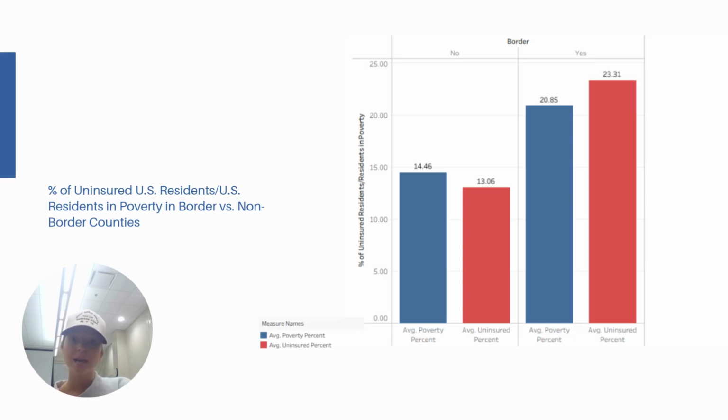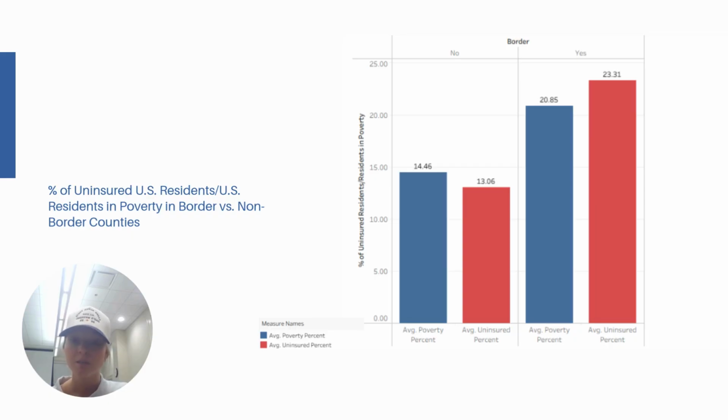This graph shows the average percent of residents living beneath the poverty line compared to the average percent of residents that do not have health insurance in each county, separated by whether it's a border county or not. As we can see, in the non-border counties, the level of uninsured people is lower than their poverty percentage, meaning that even if you don't have socioeconomic means, you are typically able to find health insurance.